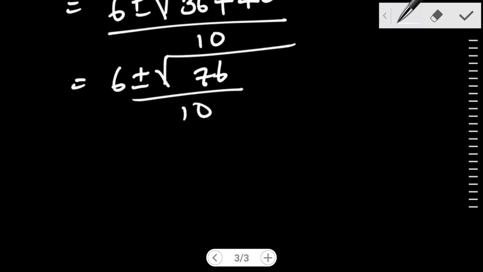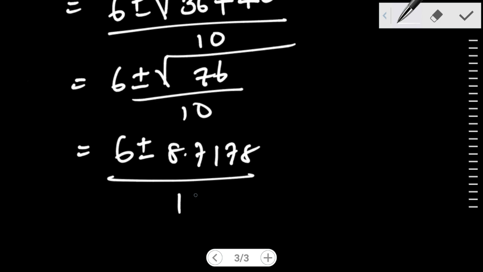The root of 76 would result in decimals, so I would have 6 plus or minus, let me take this back, 8.7178 all over 10.